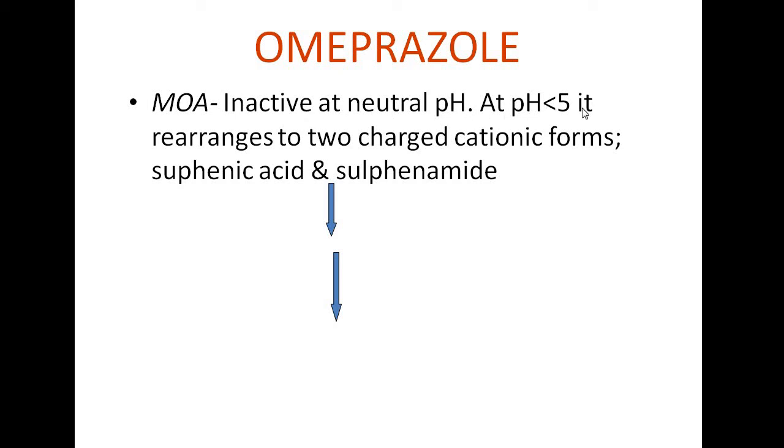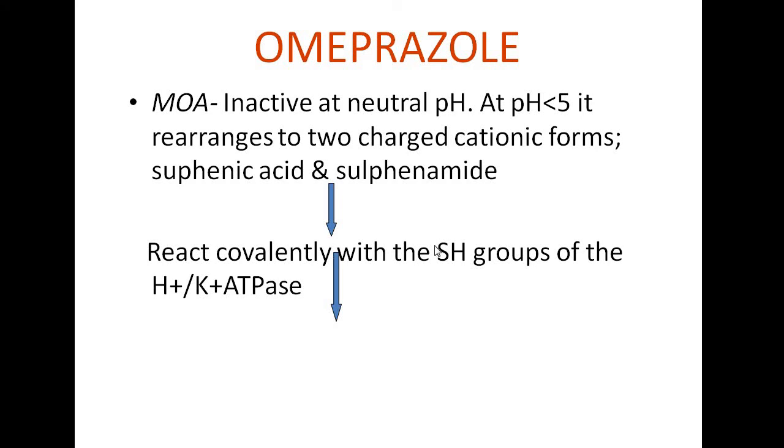At pH less than 5, it rearranges itself to charged cationic forms, namely sulfonic acid and sulfonamide. It is the sulfonamide moiety which blocks the hydrogen potassium ATPase, also called the proton pump, which is the final common pathway in acid production.